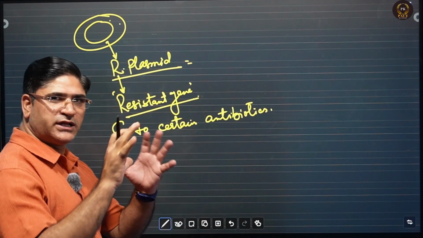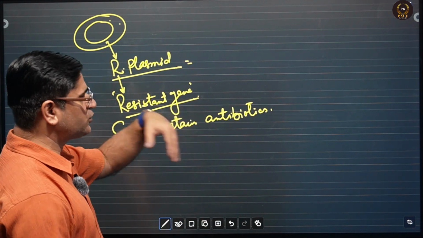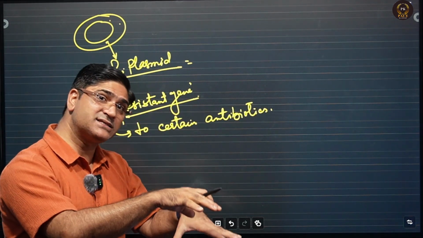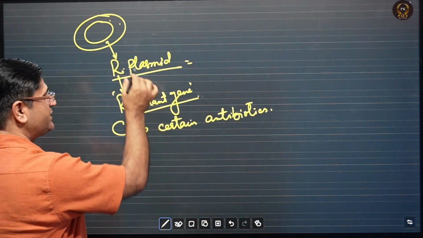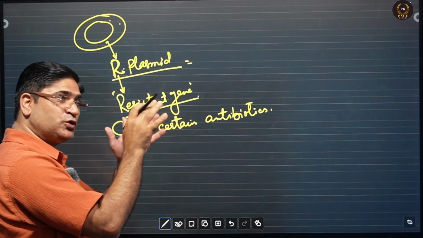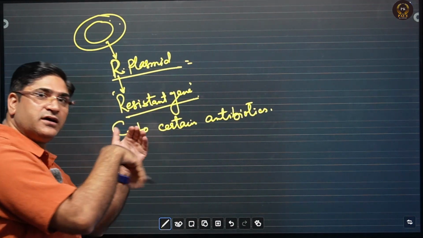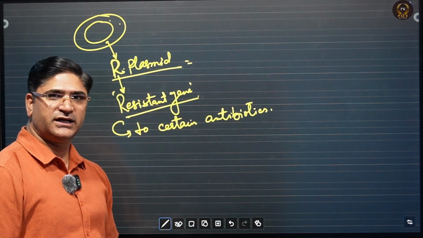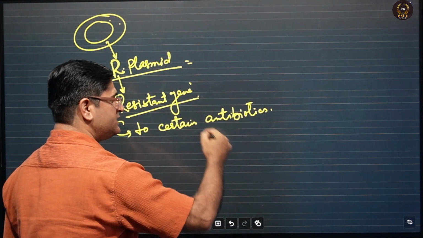There are some antibiotics which try to kill the bacteria, but there are bacteria which have the plasmid inside. Those plasmids have the presence of R plasmid genes. Those genes give the bacteria the nature of defense to fight against these antibiotics.